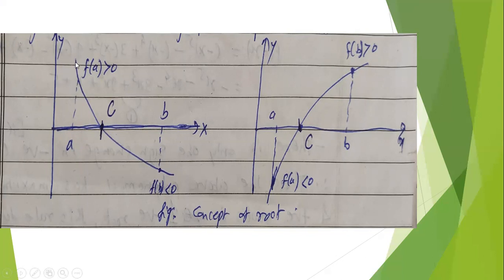The root of the equation is the x coordinate at which the curve intersects the x-axis. Means when the curve intersects the x-axis, that point on the x-axis is a root of the equation. In the second figure, similarly, this is a curve and this curve intersects the x-axis at point C. Then C is the root of that equation.